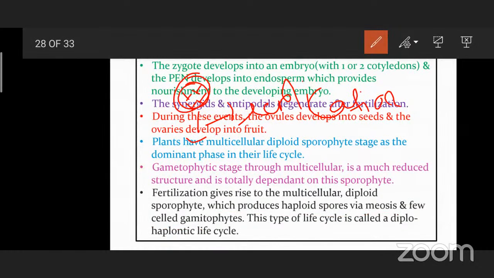This single cell divides into two identical daughter cells. This is the mitosis process.